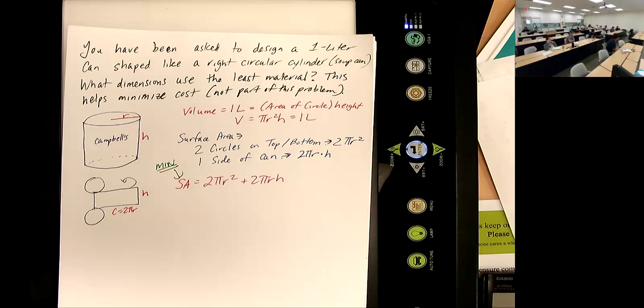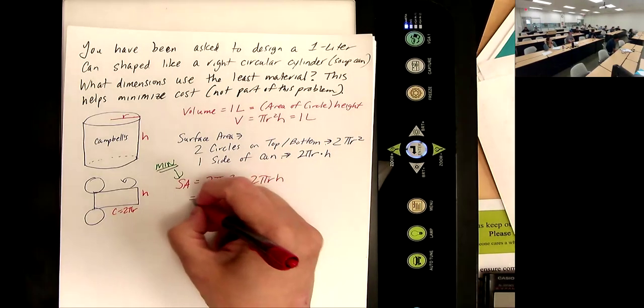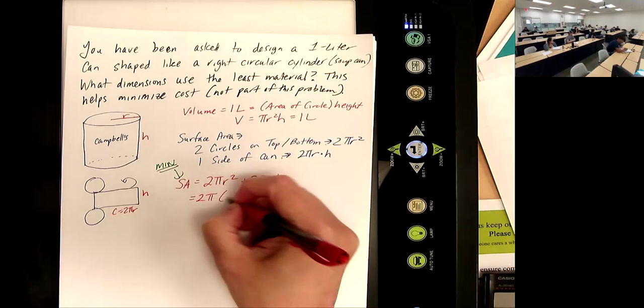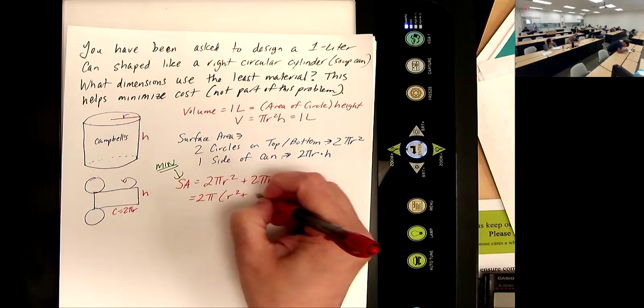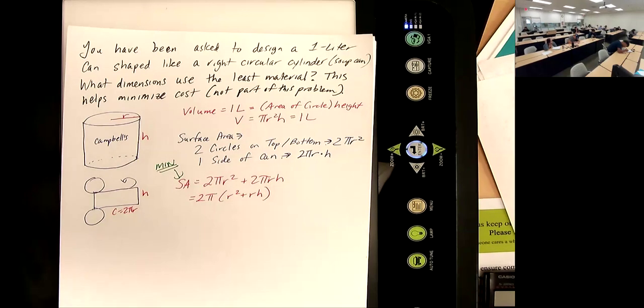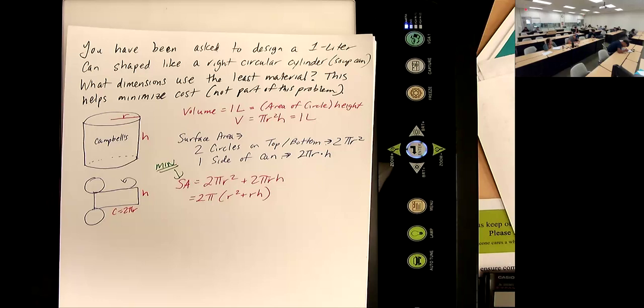The first thing you do, to make this a little bit easier, is factor out the 2 pi. I could factor out an R, but I'm not going to, because if I factor out an R, now I have a product rule when I take the derivative, and that's a pain.